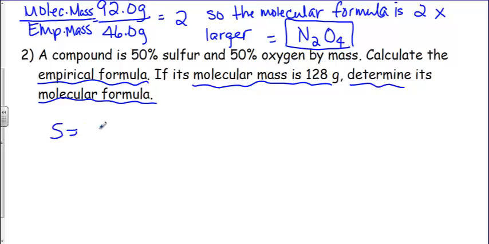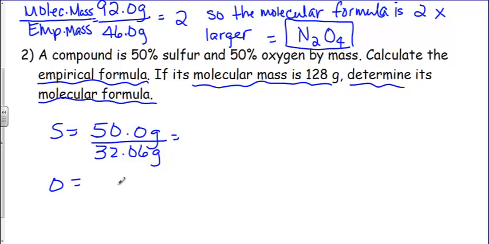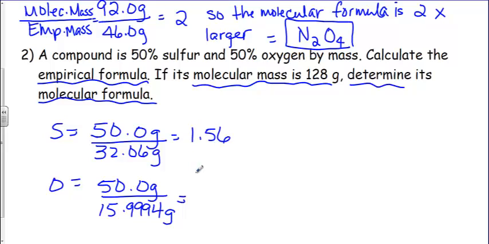For sulfur, we have 50 grams divided by the atomic mass of sulfur, 32.06 grams per mole. Then for oxygen, 50 grams divided by 15.9994 grams. When we calculate that, we get 1.56 for sulfur, and 3.13 for oxygen with sig figs.